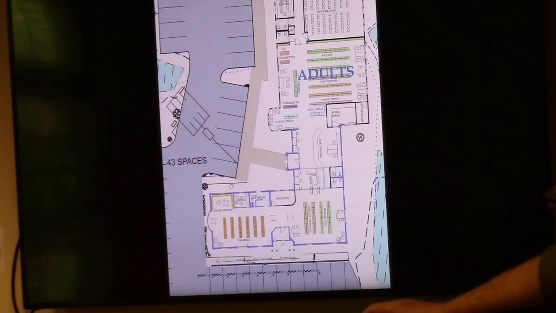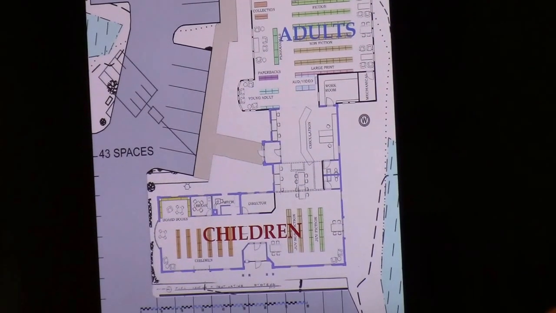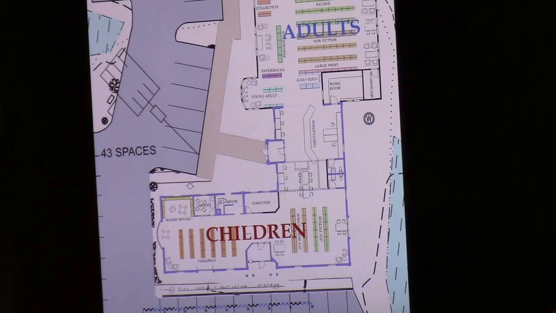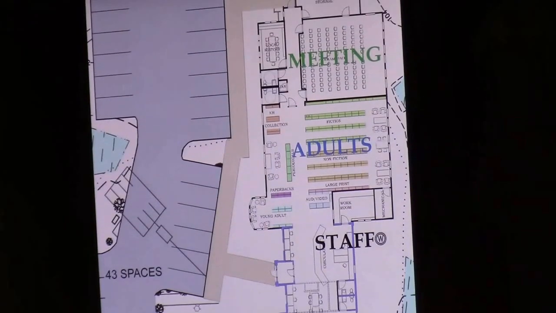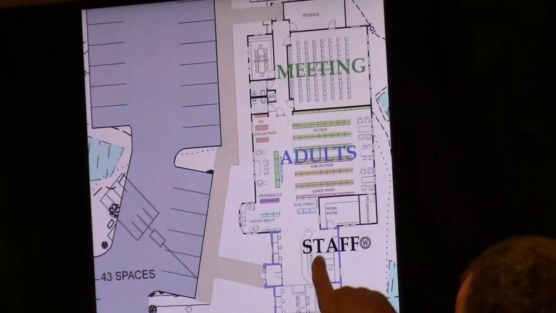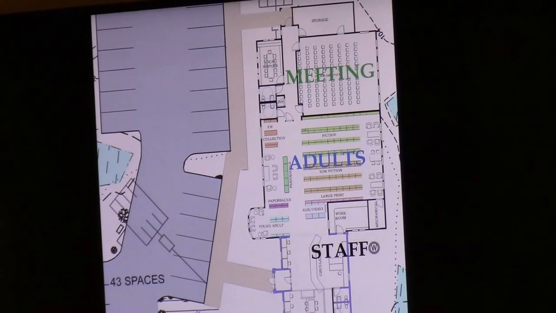This one says, well, let's put the adults in the back, the children in the old piece. Now, if I'm an adult and I'm paying for this, I want the new piece. Right, good thinking. And put the staff in the middle, and then put the meeting room at the back. So now, my chief disadvantage is that I've got a children's area around the corner.